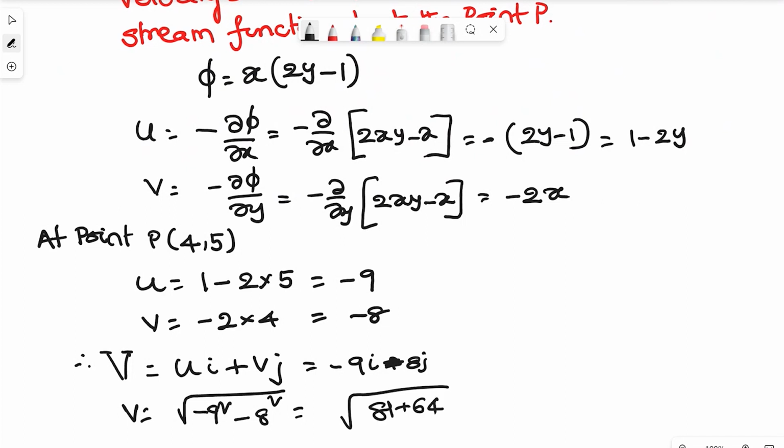So it is equal to 12.04 units per second.